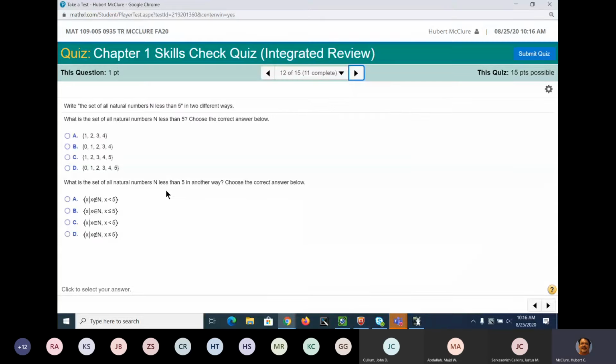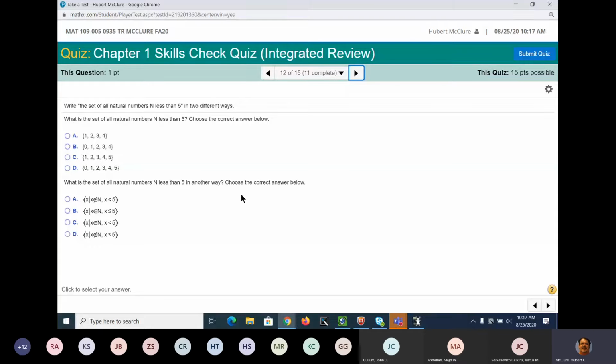Write the set of all numbers less than 5 in 2 different ways. Okay, this is where you see the interval notation with the bracket and the parentheses. So, less than 5, is that inclusive of 5? Yes or no? No, it's not, because less than 5 means that it's exclusive.